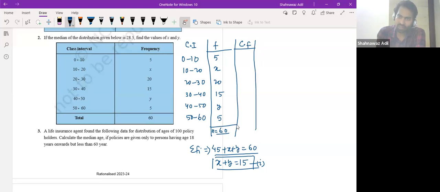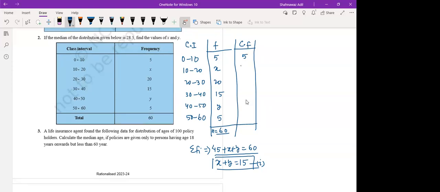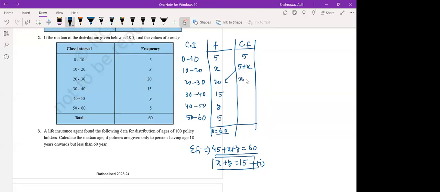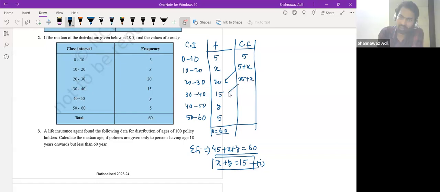So let us write the cumulative frequency. The first is 5. Then this would be 5 plus x. Then 25 plus x. Then 40 plus x. Then 40 plus x plus y. And then 45 plus x plus y.